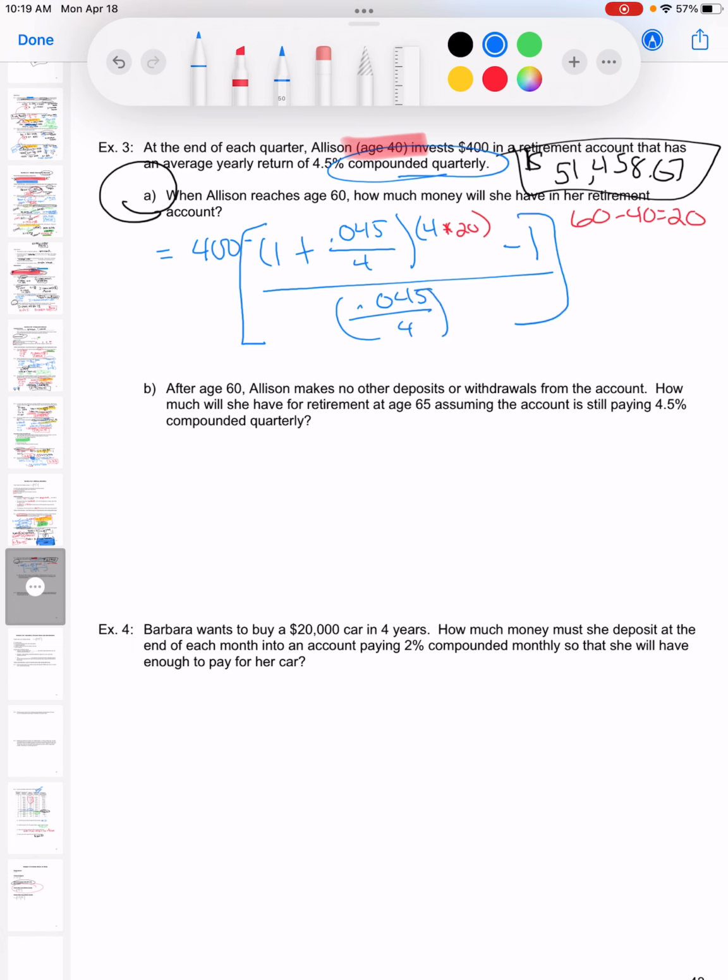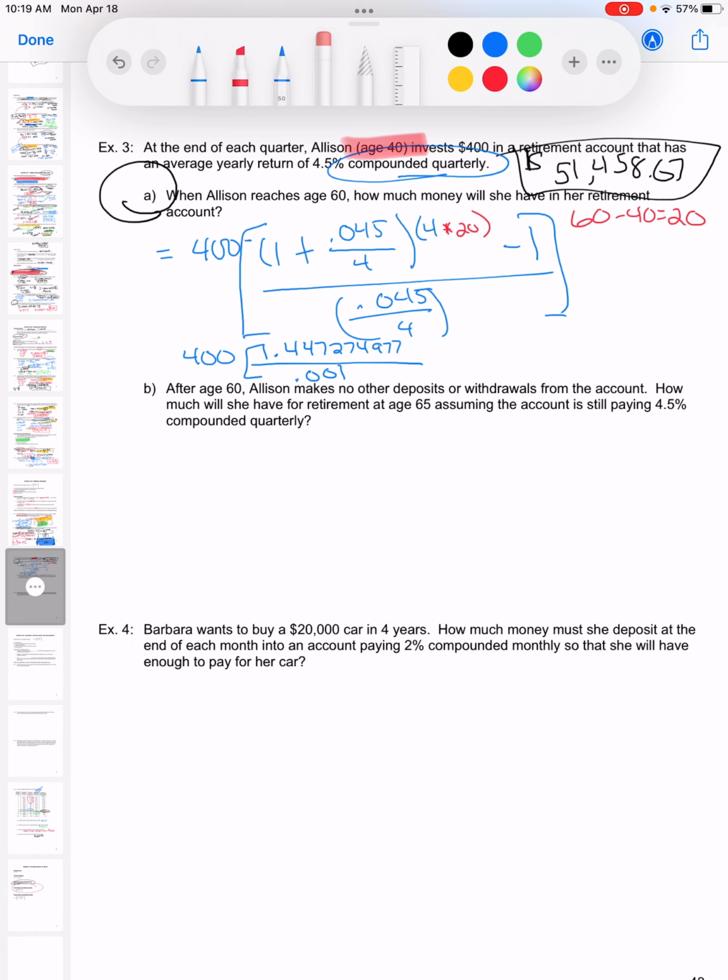And again, I wrote too big on this. I keep writing bigger than I really should. All right, so this is going to give me 400, and in my brackets, my numerator and my denominator.